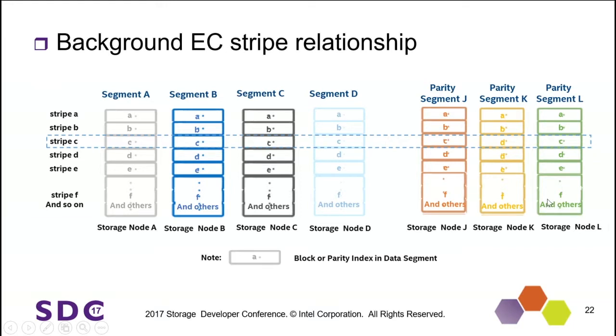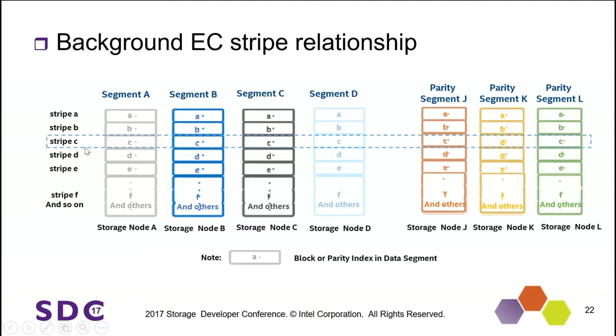From this figure, you may find that data blocks with the same index inside every storage node share the same parity block. For example, all blocks with offset index C share the same parity block.